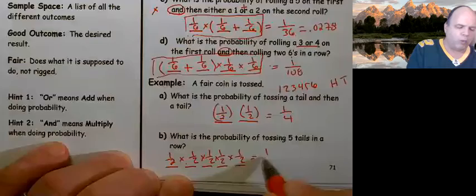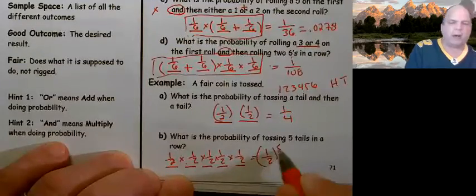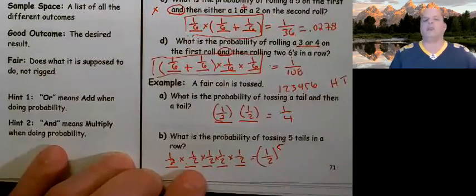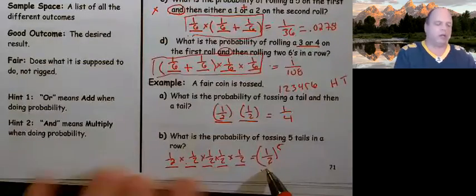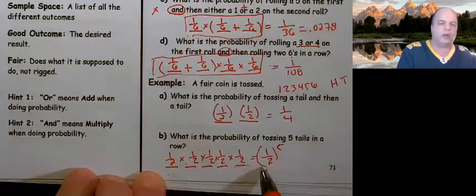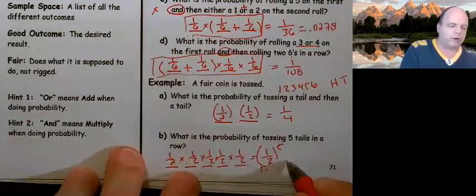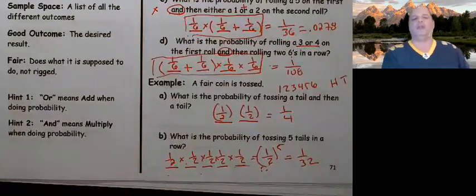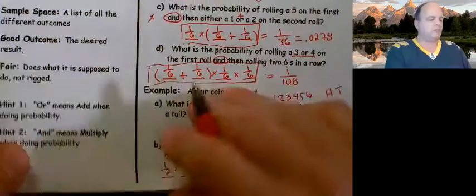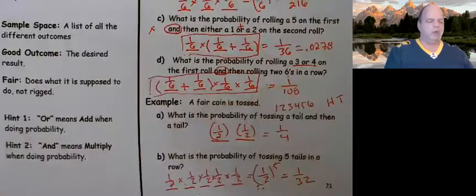I could have just said 1/2 to the 5th power. If I had done that, this right here would have satisfied as full credit. So would this. So either one of those will get me full credit as far as work shown. And this is going to be 1 over 32. And once again, if you wanted to go straight to the decimal here, that's fine.